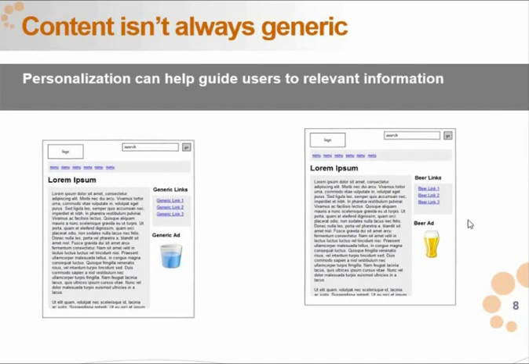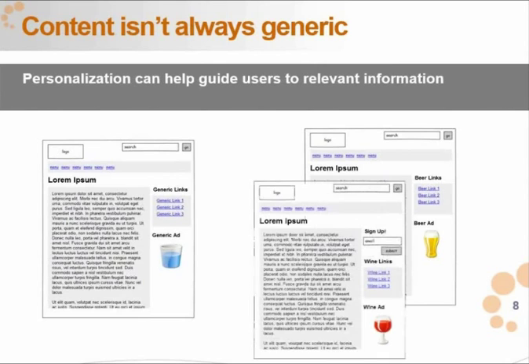If we know that there is another web user who is a wine drinker, we may change the general links to be some links that are related to wine, and we can change the ad to be a wine ad.